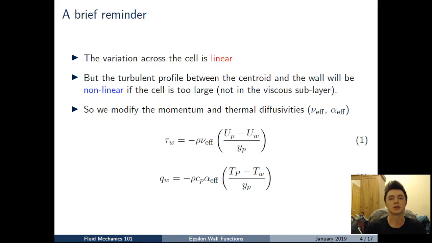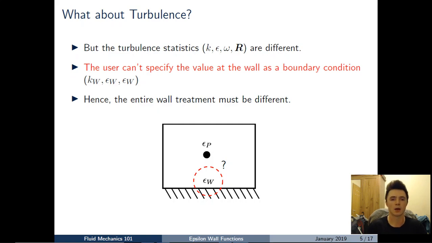However, the turbulence scalar fields require a different treatment, and that's what I'm going to focus on in today's talk. And the reason the turbulence scalar fields are different is because you may have noticed in some CFD simulations of your own that the user isn't requested to specify the value of the turbulence scalar fields at the wall.